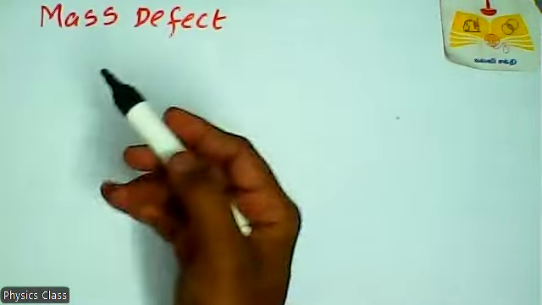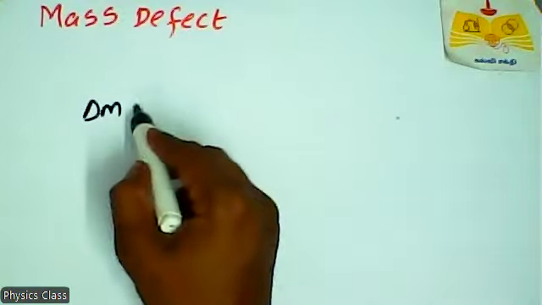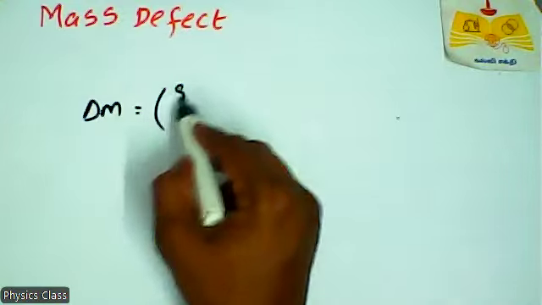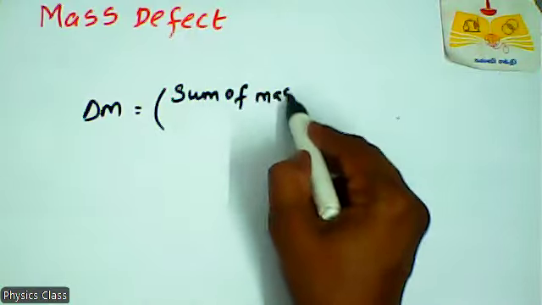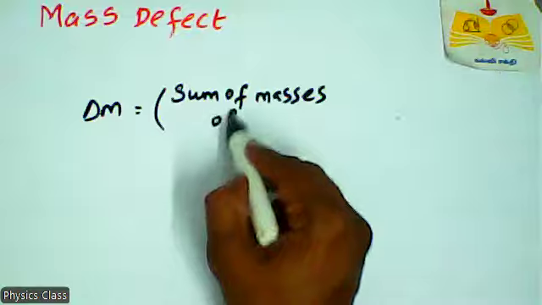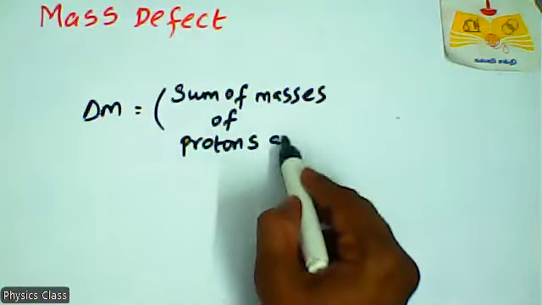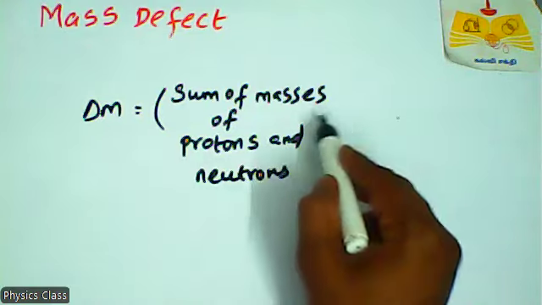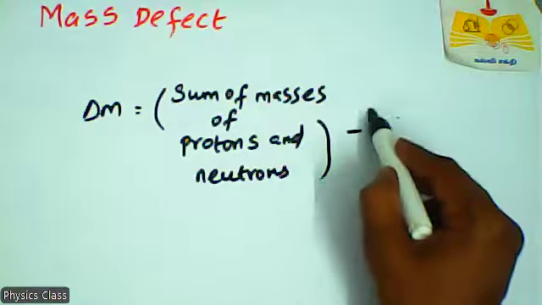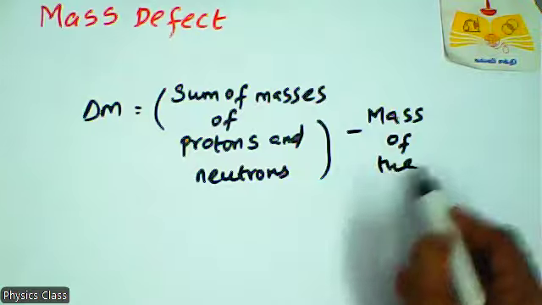Mathematically, mass defect is defined as del m, which is equal to the sum of the masses of protons and neutrons minus the mass of the nucleus.